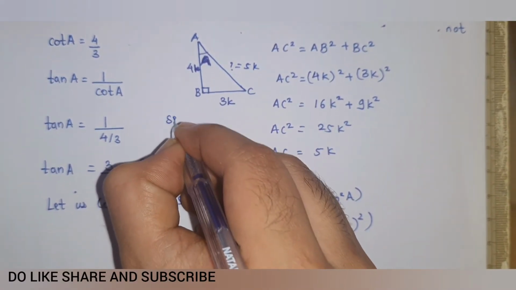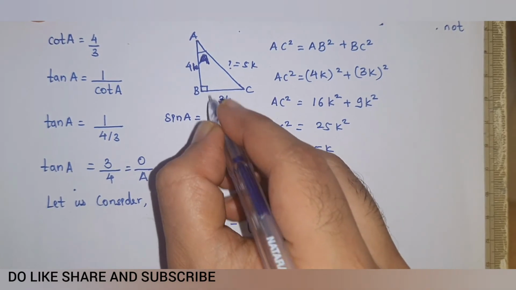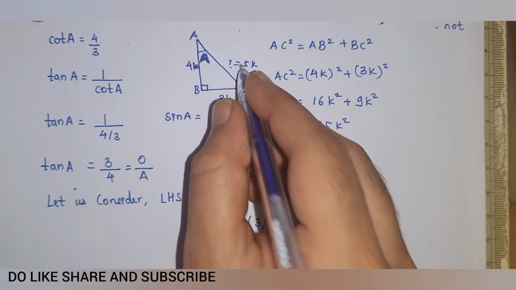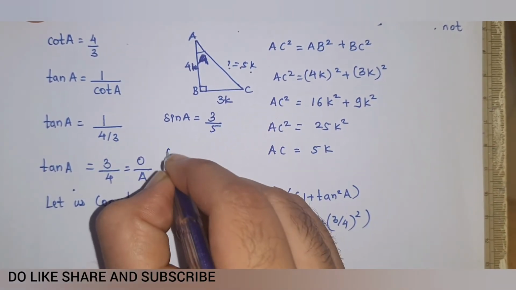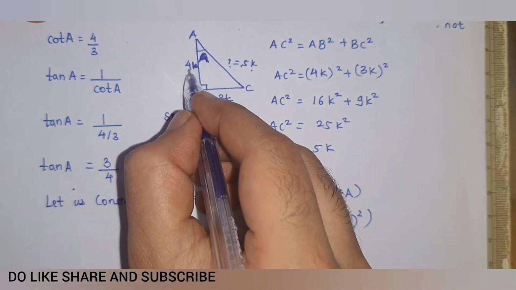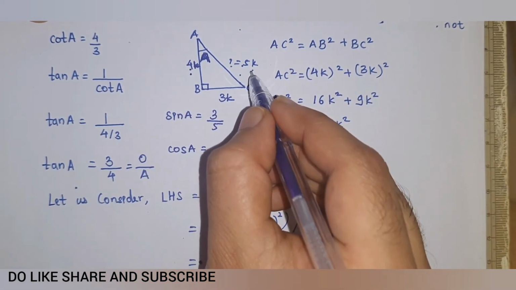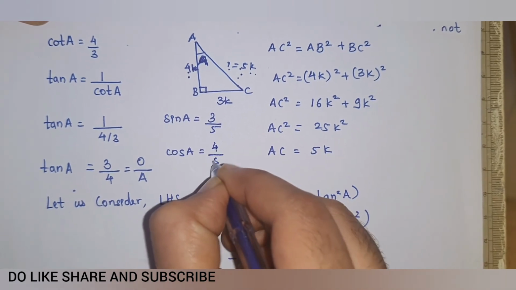Here sine of A is equal to opposite upon hypotenuse, that is here it is angle A and opposite side is 3 divided by AC, that is hypotenuse 5, that is 3 by 5. And cos of A will be equal to adjacent upon hypotenuse, that is adjacent is AB, that is equal to 4K, and hypotenuse is 5K. So we'll be getting 4 by 5.